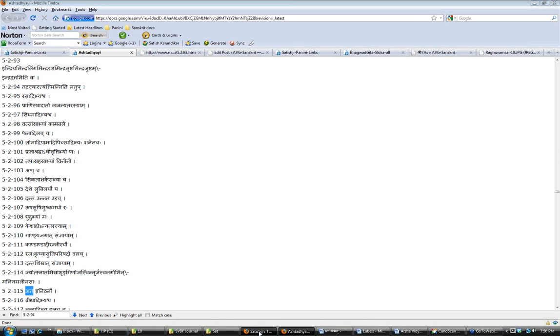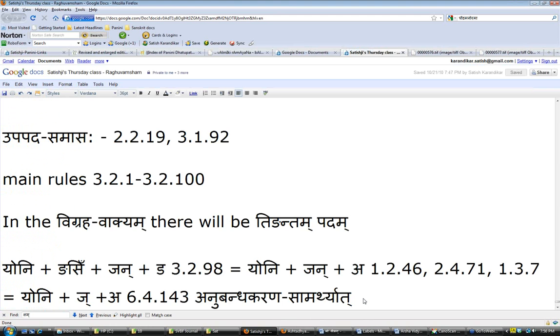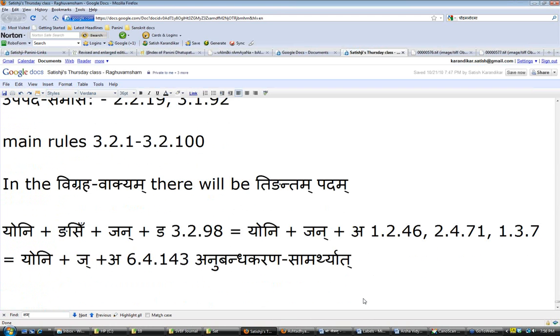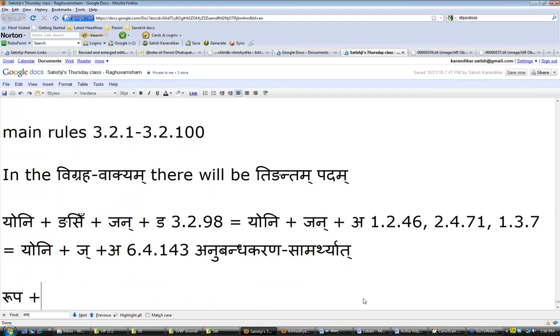So we have Rupa plus ini. I think the number was 5.2.115. Of course, the usual Upadesha Anunasika It. Then this Rupa gets the Bhasanya because of Yachibham, because we are in the Svadi adhikara, and then we can do Yascheti Cha, removing the Antyakara of Rupa.